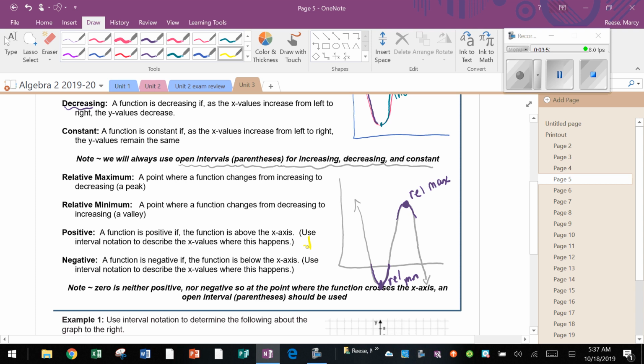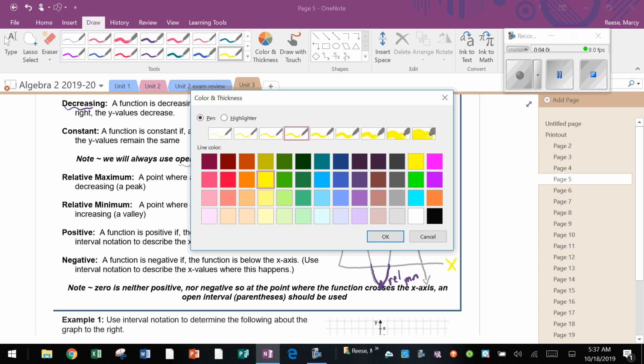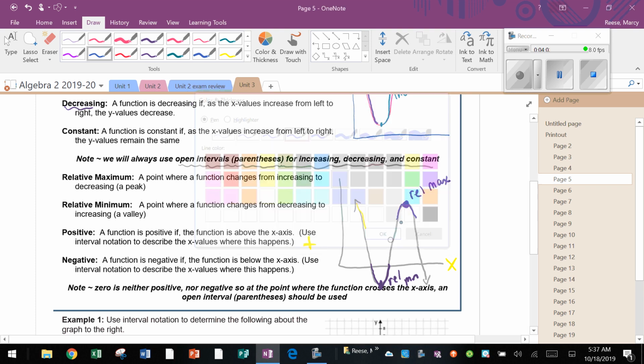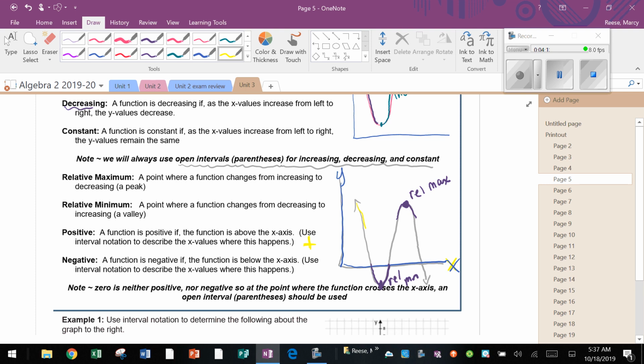So this is my x-axis, by the way. This is my x and this is my y, right? So I am positive if I am above the x-axis. So this part is above the x-axis.